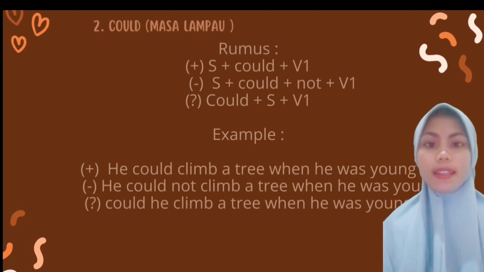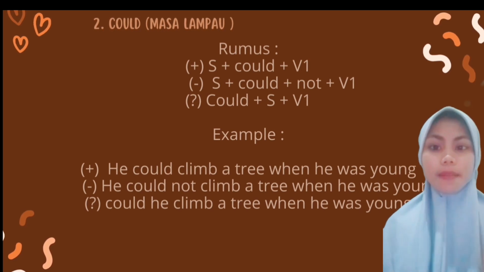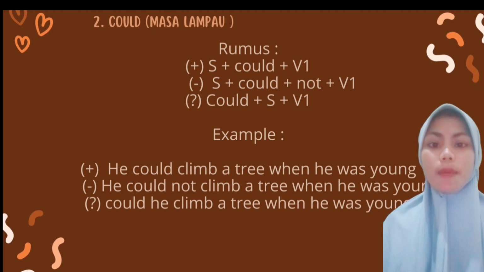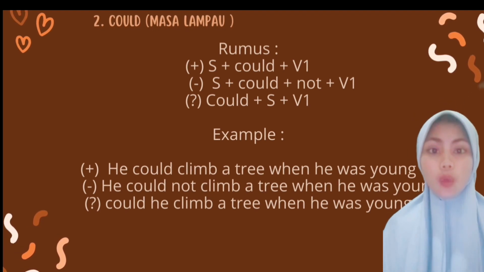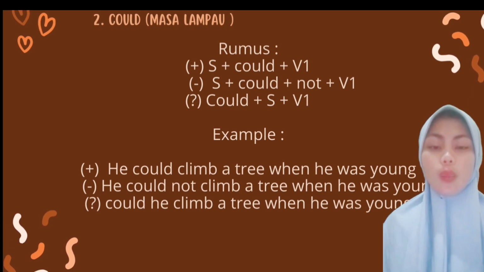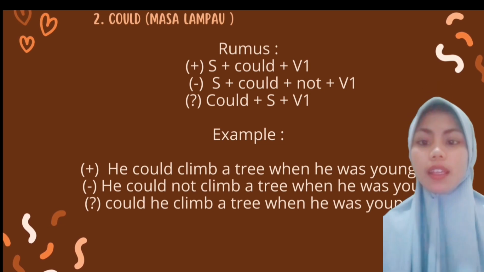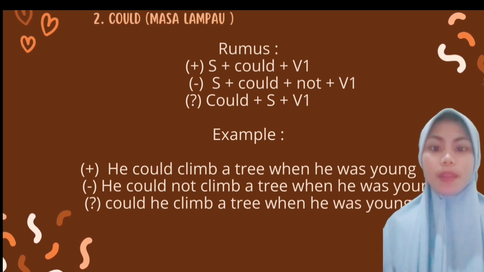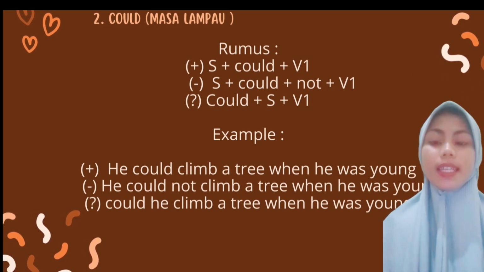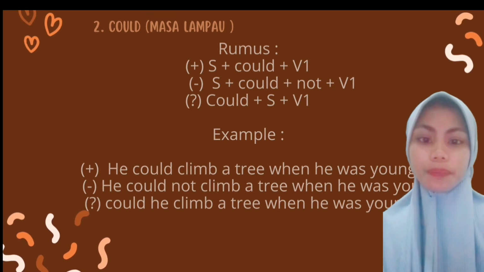The formula is subject plus could plus verb 1. For example, he could climb a tree when he was young. Maybe now he is old, so he cannot climb trees.